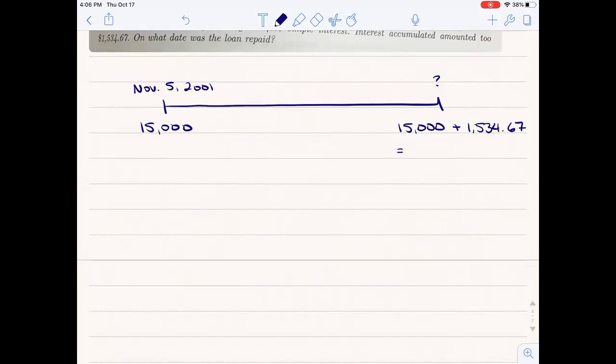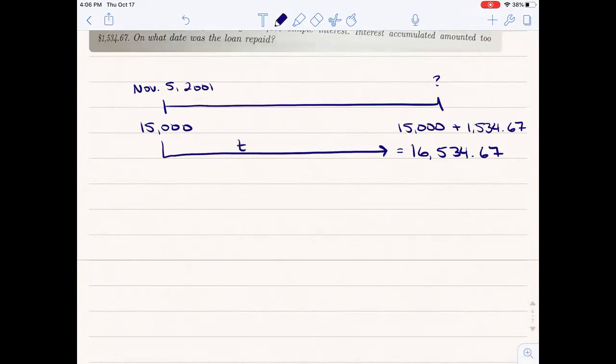So that's 15,000 plus 1,534.67, which is 16,534.67. Right. So what that's saying is that 15,000 had to grow to 16,534.67.